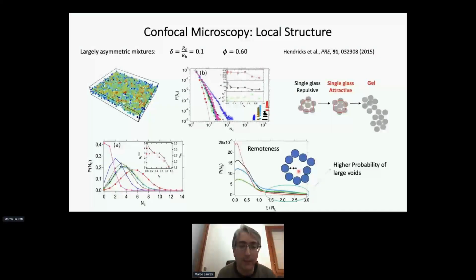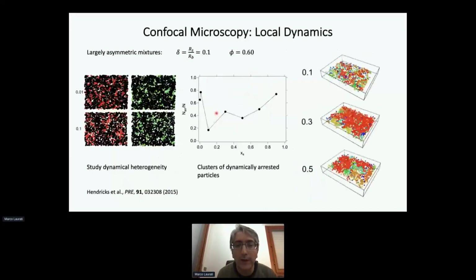And not only can you characterize local structures, one can also characterize, as I said, local dynamics, and therefore find results on dynamical heterogeneity of the system. Here for the same mixture, you see an example in which I was highlighting, in these snapshots, the 20% faster particles in the systems.